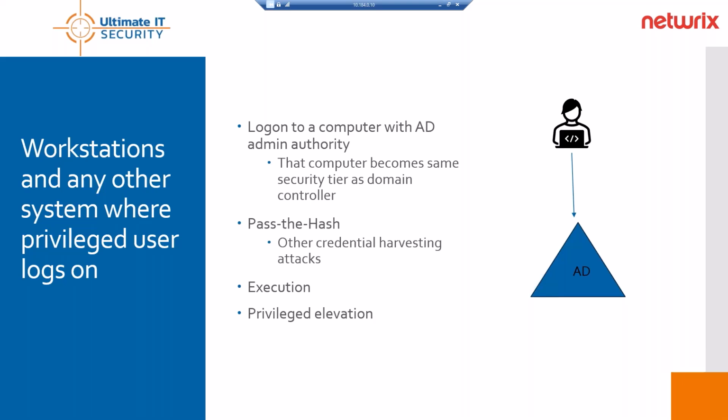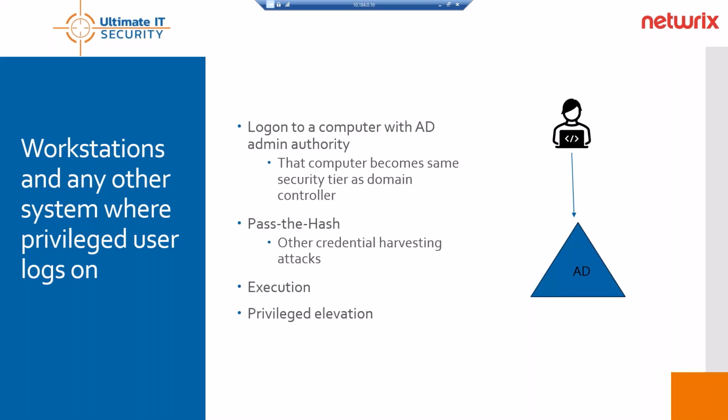Well, here's a really important one, and that is the workstations. So think about all those users where you identify, using the techniques that I've provided so far. So now you've built up a full list of all the user accounts that have some amount of privileged access to your Active Directory.